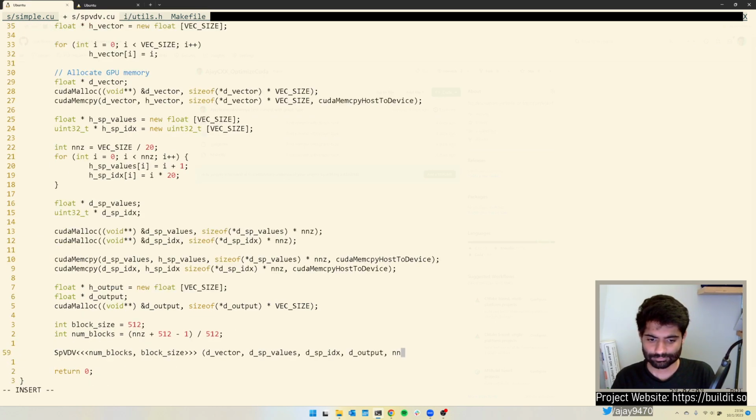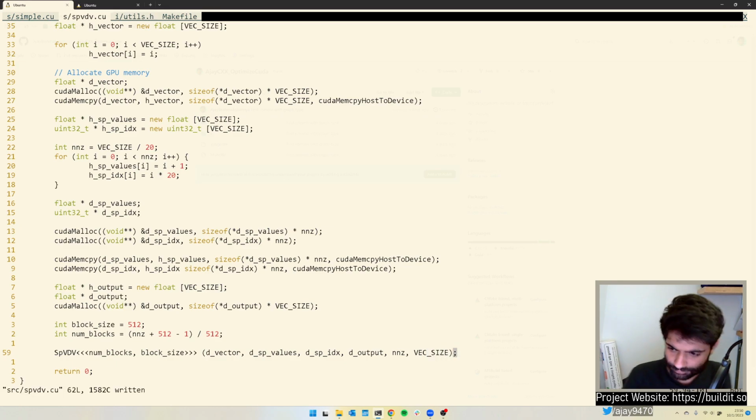Does this make sense? What we have done here, we have launched threads equal to the number of non-zeros in the sparse vector, and then we are indexing into the dense array, and then doing the multiplication.